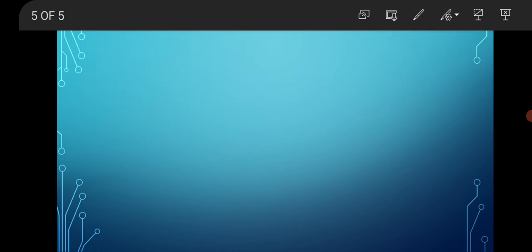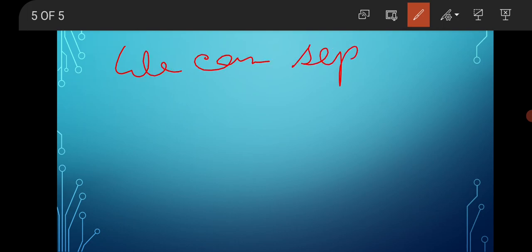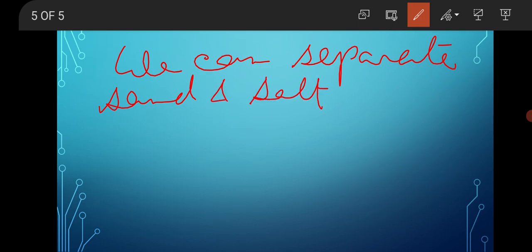So here, we can separate sand and salt from their mixture by how many processes?